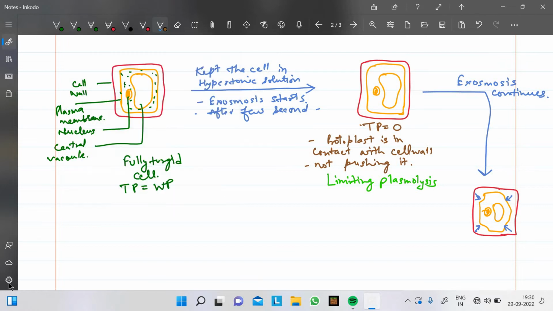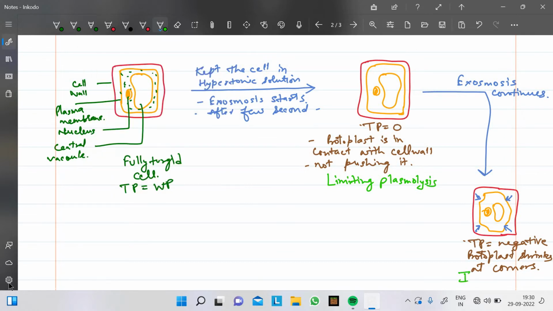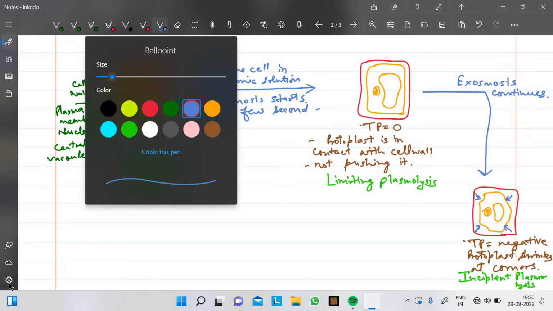In this stage, turgor pressure is negative and the protoplast shrinks at corners. This stage is called the second stage of plasmolysis, that is incipient plasmolysis.